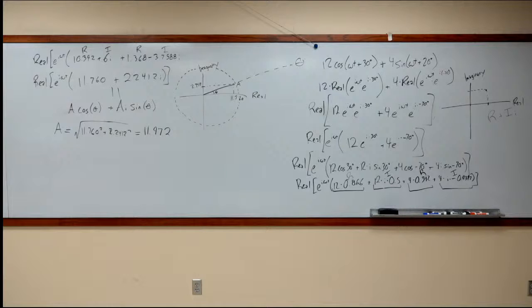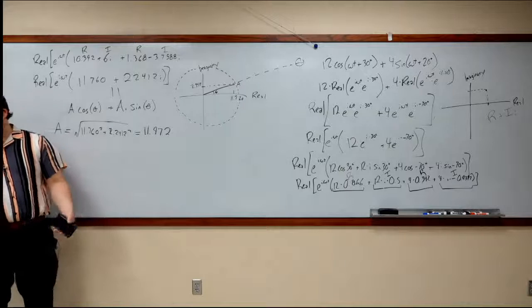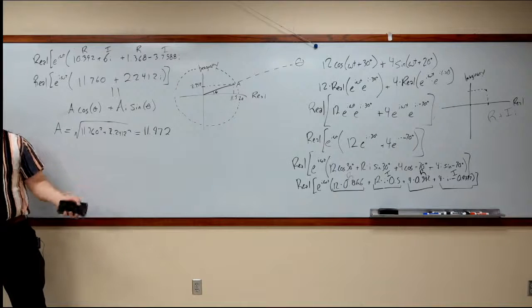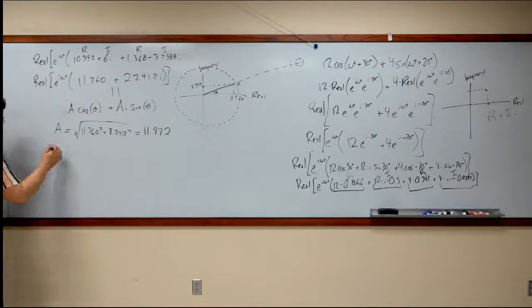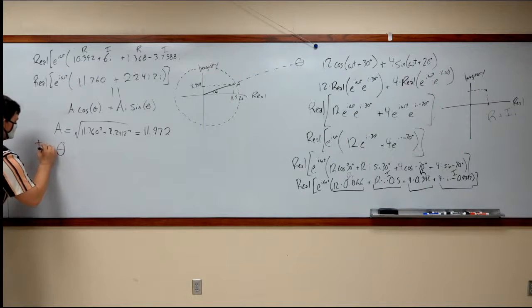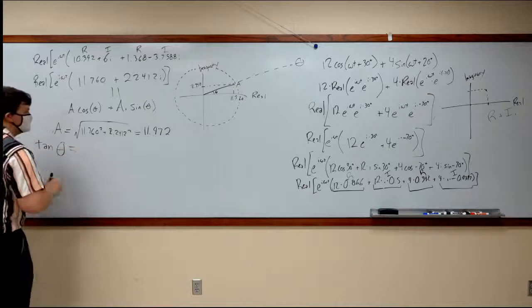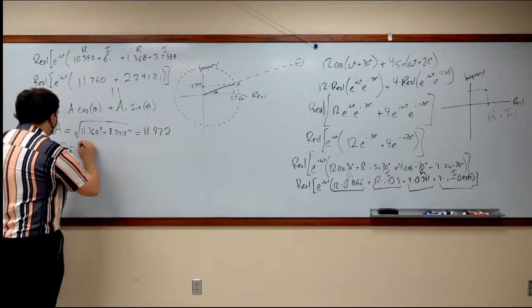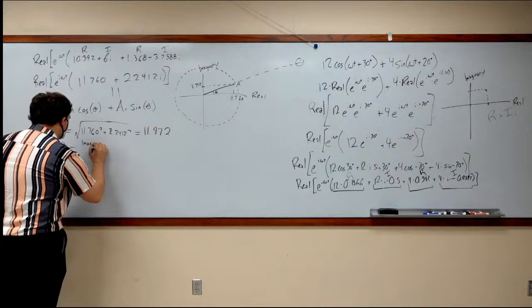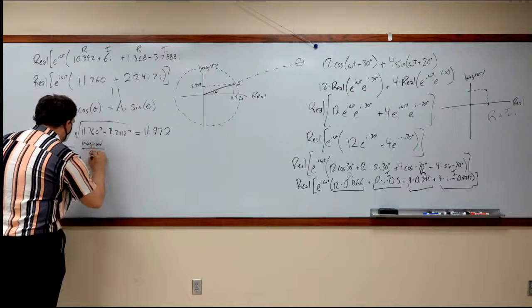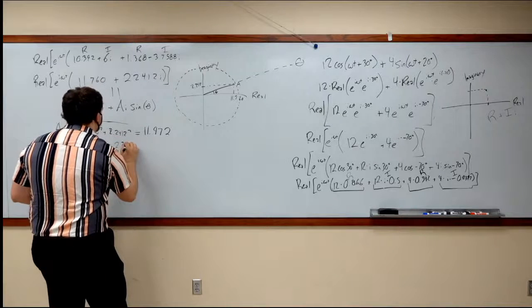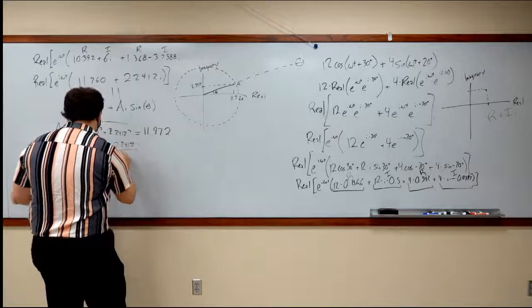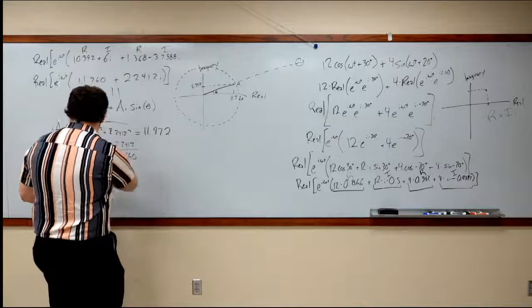It would be inverse tangent. Now, we did calculate out the hypotenuse, so you could use sine cosine, but here just to eliminate that error, inverse tangent is the best way to do it. Okay? So here we know tangent of theta is equal to your imaginary component divided by your real component, which here is equal to 2.2412 divided by 11.760.